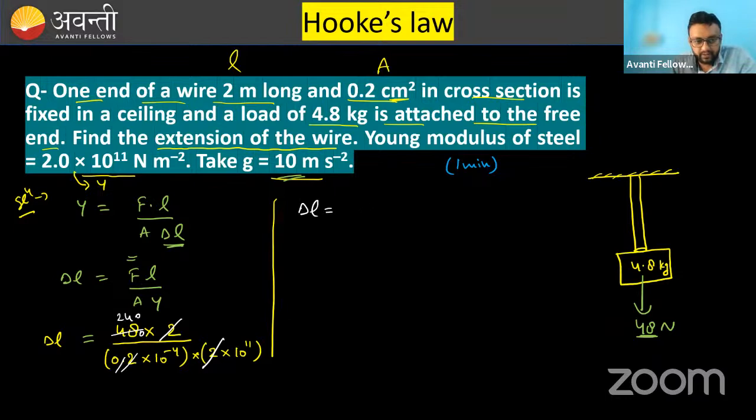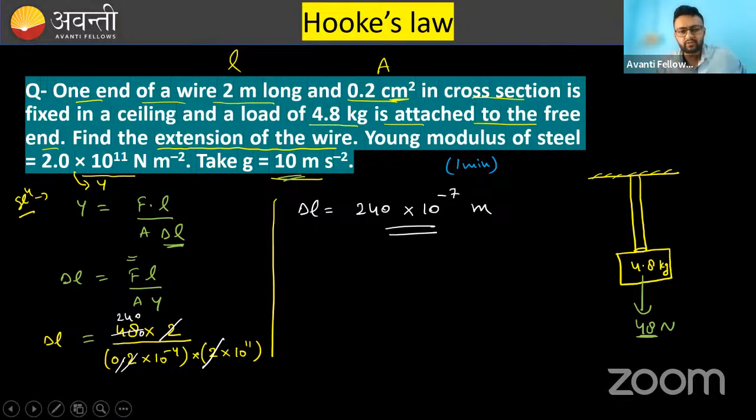So delta L will be 240 into 10 raised to the power 11 minus 4, that is 7, so it will be minus 7 meter. You can write in different formats, whatever it may be. So this is a simple formula based question, nothing else.